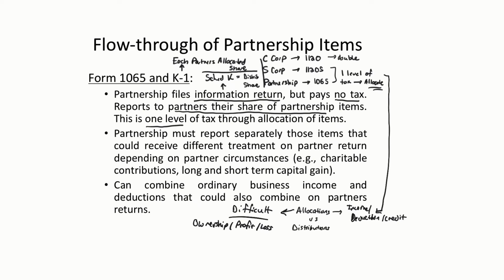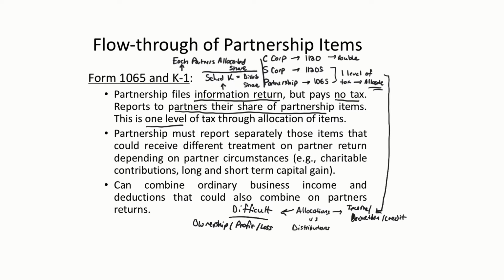Okay? You're going to use those, which are going to be the same in this class, this discussion. But it is possible to allocate losses to one owner and all the gains or income to another owner. It's possible to do that in a partnership. Partnership is the only entity you can do that. That's why a lot of entities use partnership structures, because they're very flexible. Okay? Very flexible. The key, though, is that you have to have substantial economic effect, which just means, hey, if you allocate a loss to one owner for tax purposes, then they better have that loss for economic purposes too.